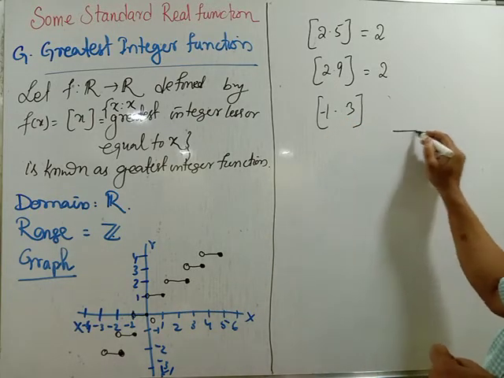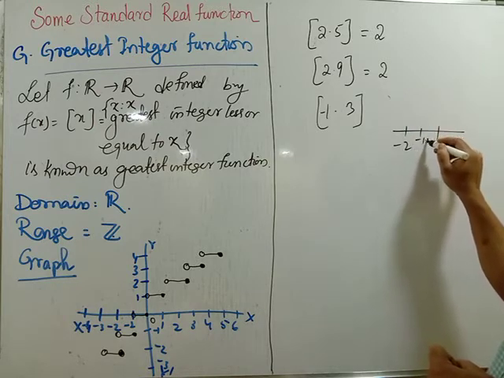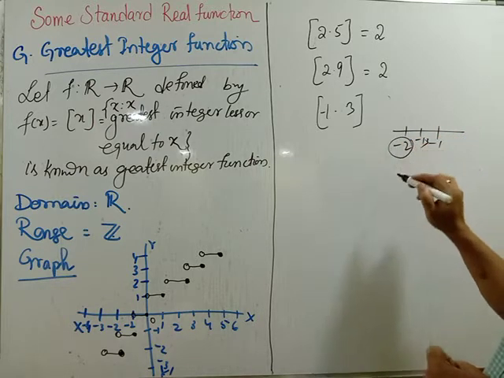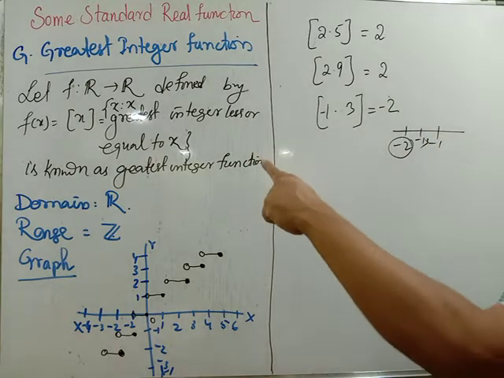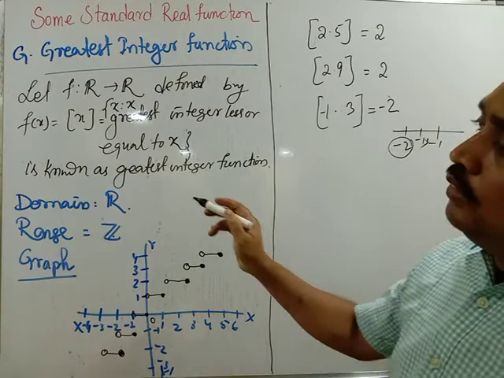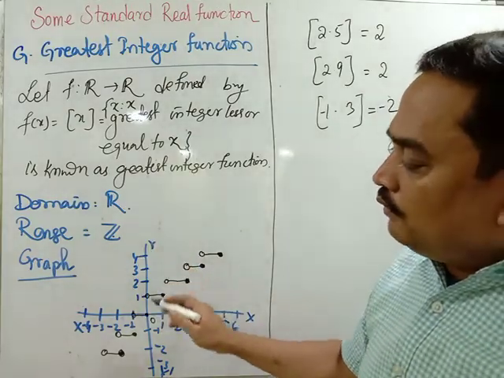On the number line, this is minus 1, this is minus 2, and here is minus 1.3. Which is the greatest integer? Minus 2. Here minus 2 will come. That is the definition. Here the domain will be all real numbers R, the range will be Z, and the graph will be this way.